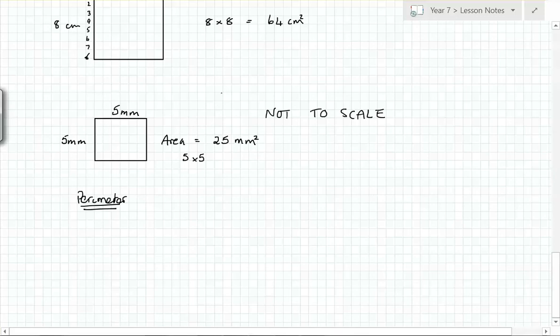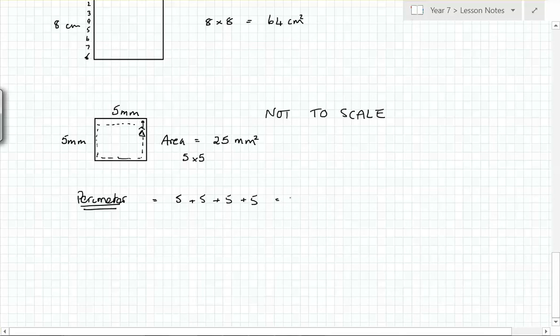So in this shape, for instance, let's say I started here, and I walk all the way, and I get back to the beginning. How far would I walk? Well, it'd be 5 plus 5 plus 5 plus 5, 20.